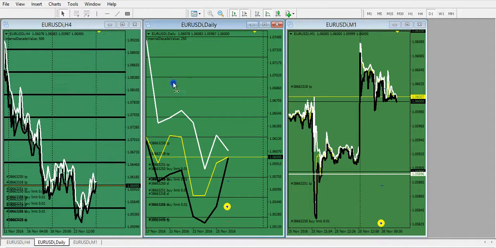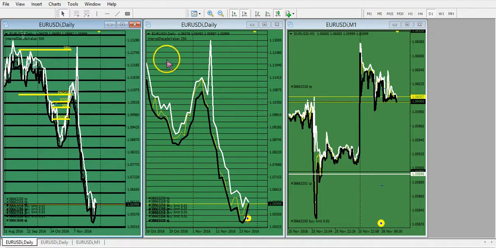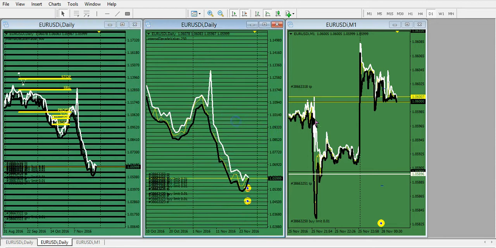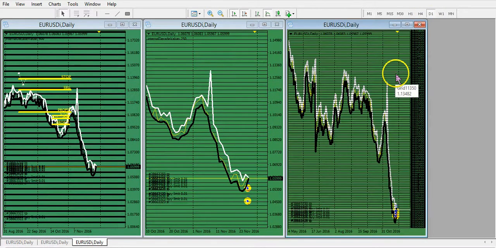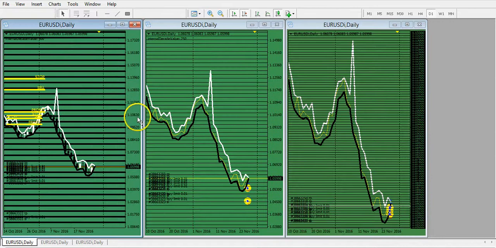It's up and down. Okay, here is the daily on a 25 pip, and here is the 50 pip daily, and here's the 10 pip daily. So it makes a difference what time frame you're on and how many pips you're trying to make.